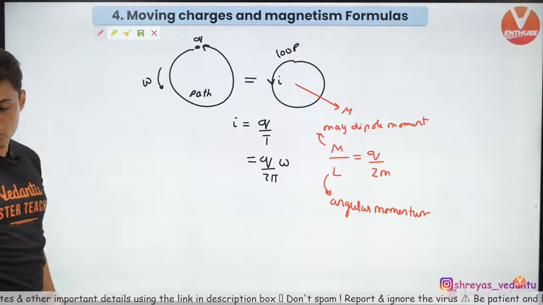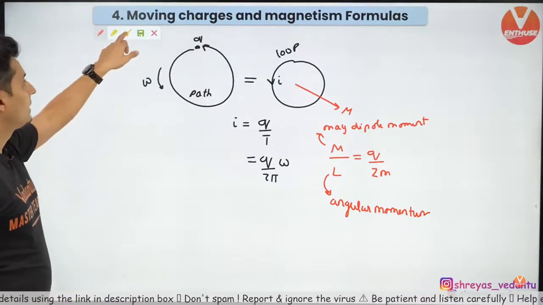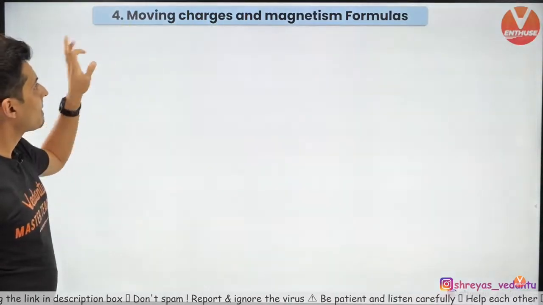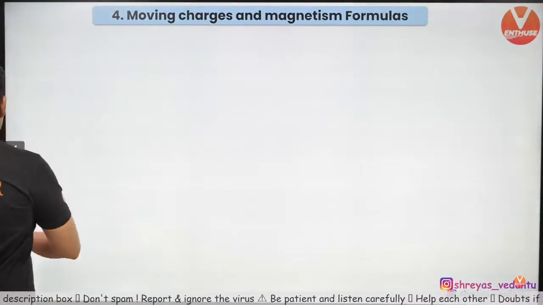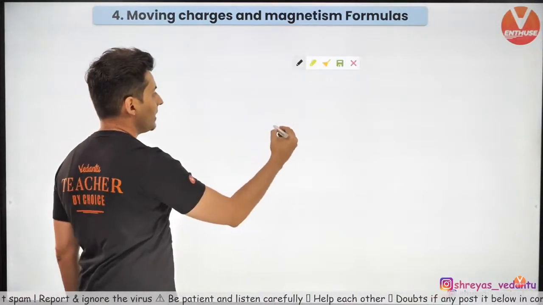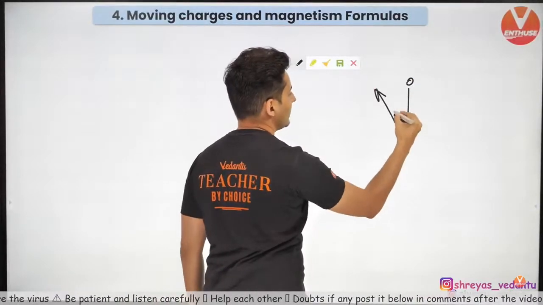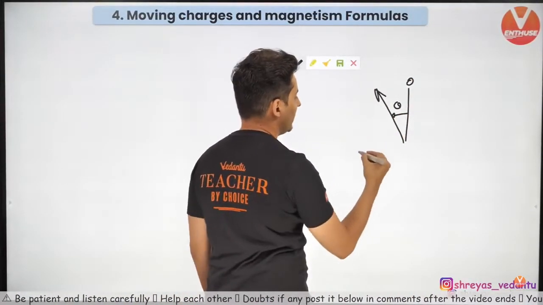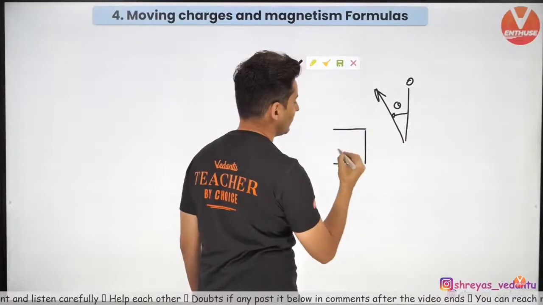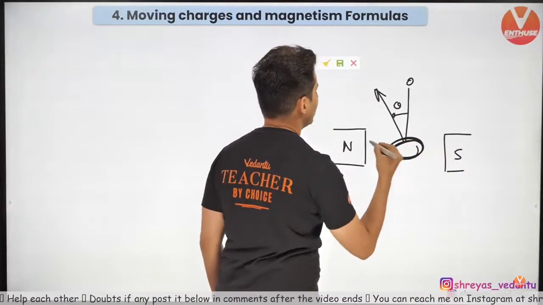Okay, very good. Then what else do you have? Yes, you have the galvanometer. Let's talk about the galvanometer. In a galvanometer, this is, let's say, 0, there is some deflection and there are magnets. You have the north pole, you have the south pole, you have that coil.